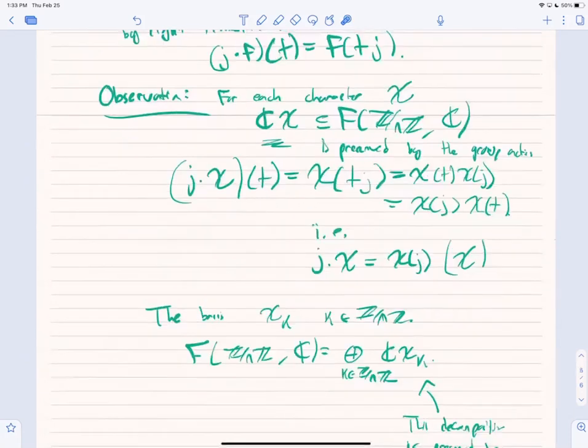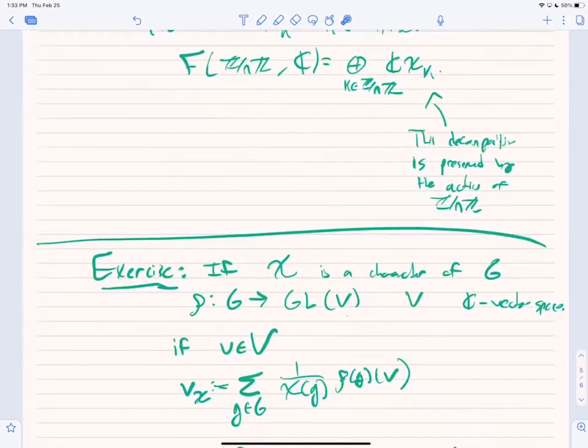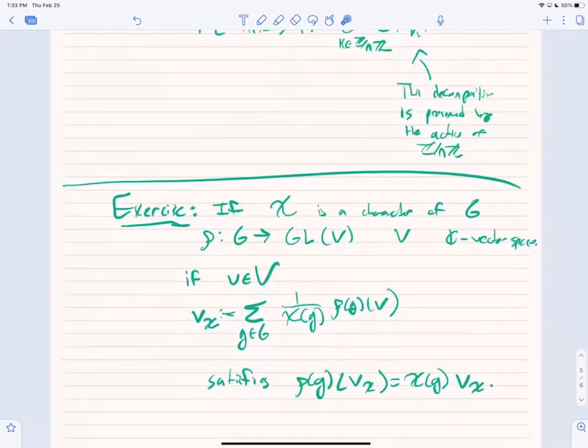In particular, on the homework that's not due till the middle of March, you'll see another example where you use this projection formula to study a problem in arithmetic.